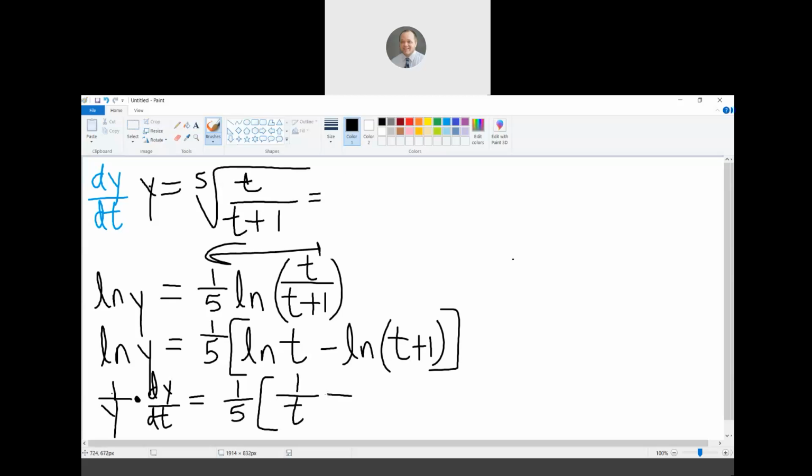And the derivative of natural log of t plus 1 is 1 over your function t plus 1 times the derivative of t plus 1. The derivative of t plus 1 is just 1, so essentially our second fraction does not change.